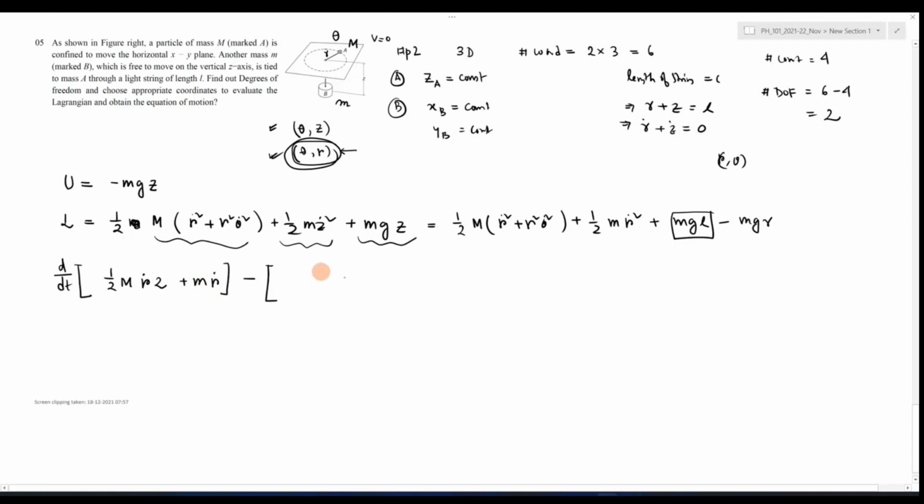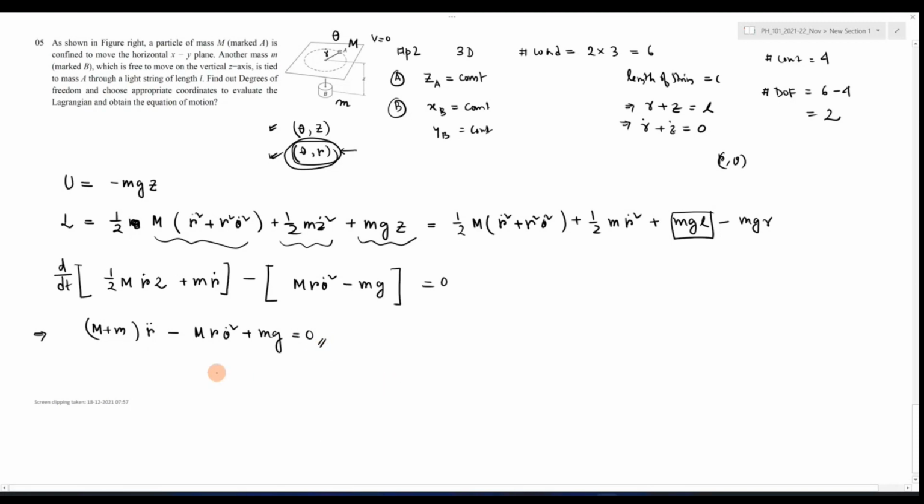Minus dL by dr. First term is not having it, but here it is having m r theta dot square. Again minus mg is equal to 0. So the final equation will be M plus m r double dot minus m r theta dot square plus mg equal to 0. First equation is done.